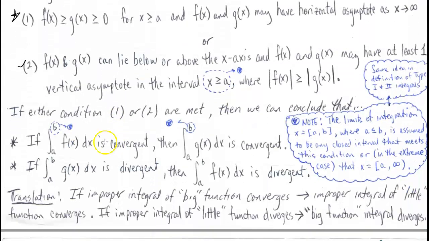If we look at condition number 1, what we know from the direct comparison test for improper integrals is that if this is the larger function and its improper integral is convergent, then the improper integral for the smaller function is also convergent.